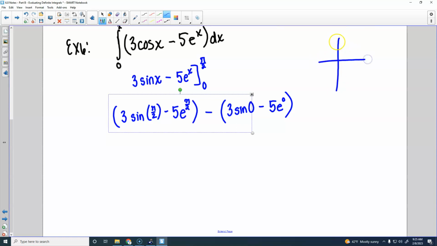Alright, unit circle never goes away. Sine of pi over 2. This would be at 0, 1. What's sine of pi over 2?